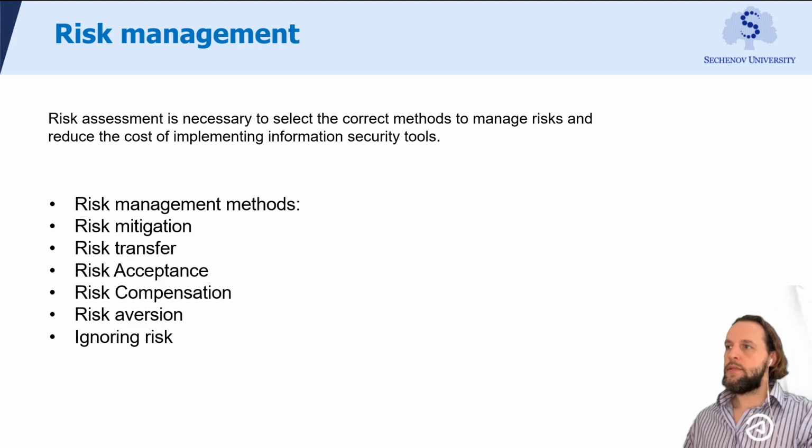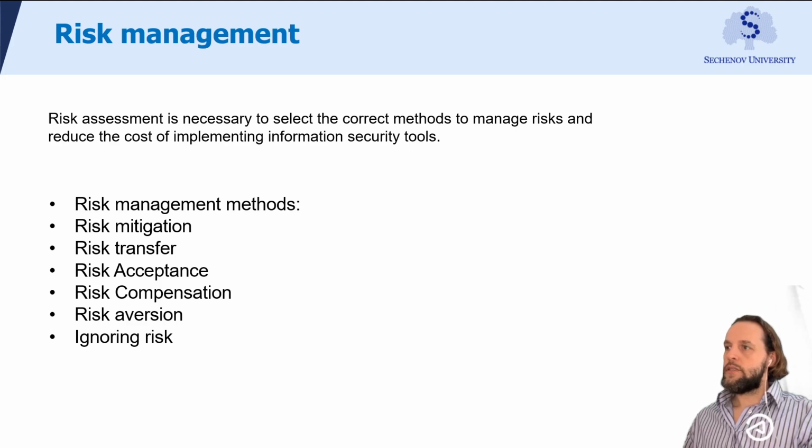If it's not possible, we could think about transfer of these risks, so they will not be our own responsibility, but the third party's. For example, hire a contractor who will provide data security for you. Risk acceptance is when what is possible to be done is already done, and we need to accept this level of risk. Risk compensation is a simple reduction of probability or intensity of this risk to appear.